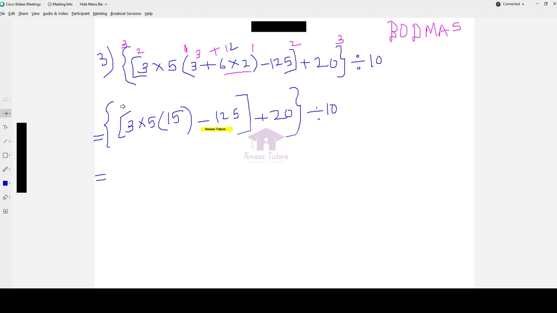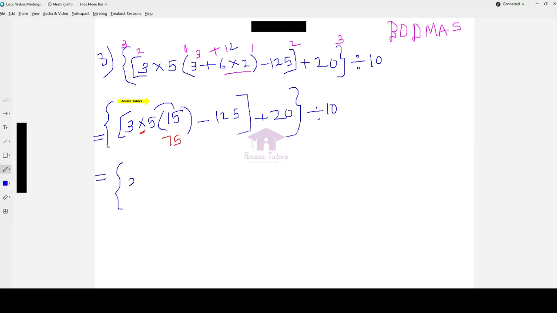So we can do left to right, or you can even finish these first. 5 fifteens are 75. Now, this is also multiplication. How much is 75 times 3? 225. Very good.